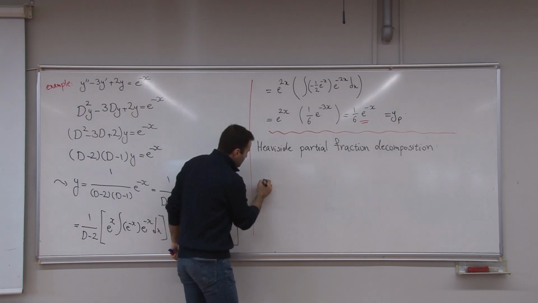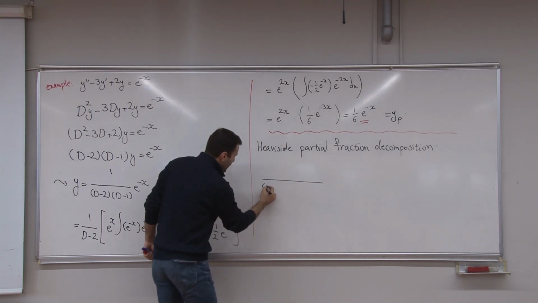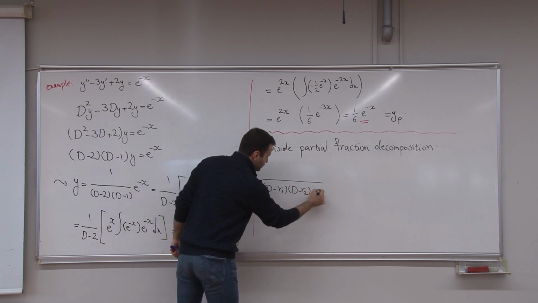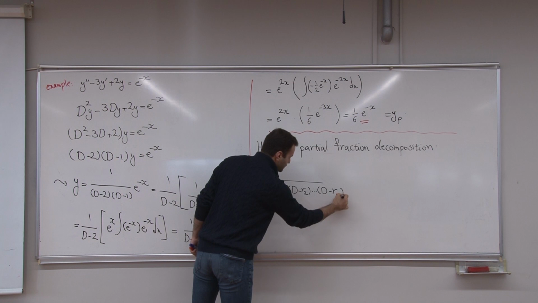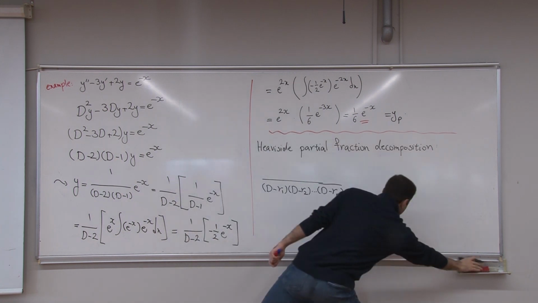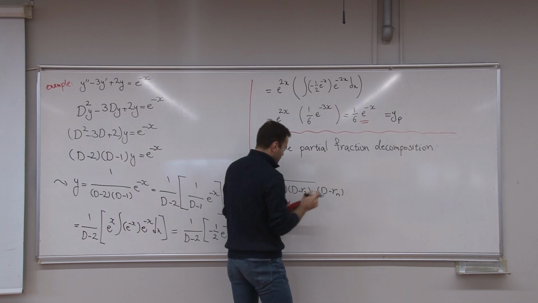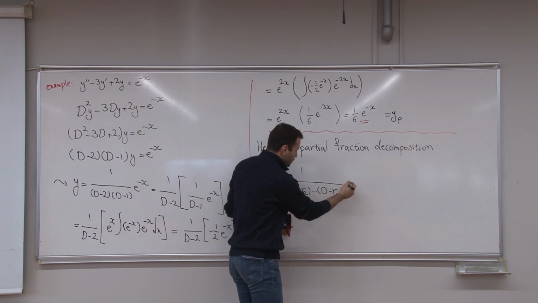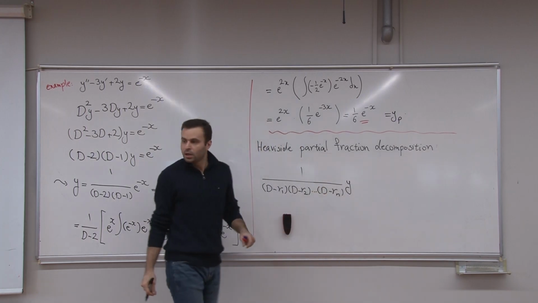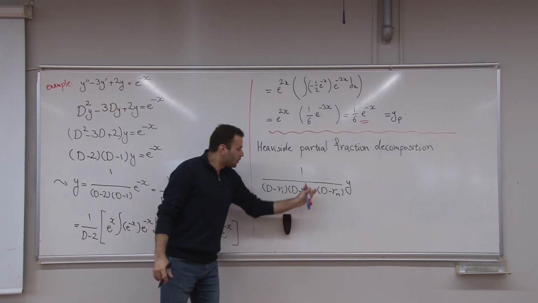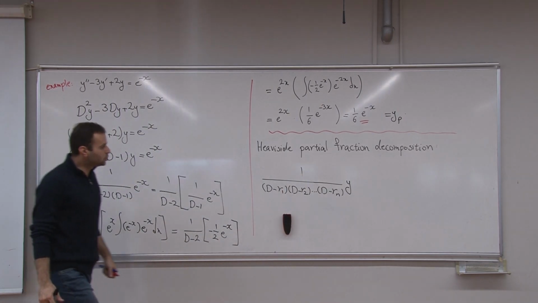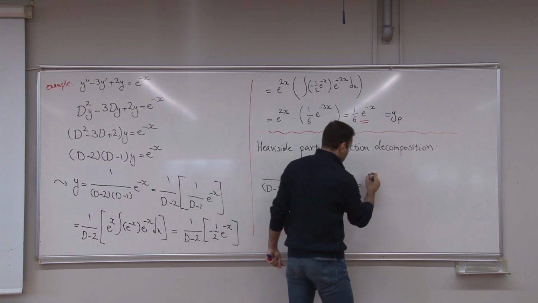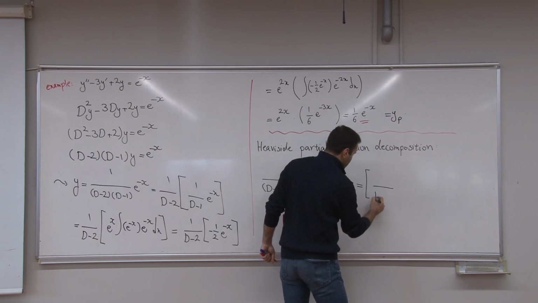When we are having an operator like this, d minus r1, d minus r2, up to d minus rn, which is going to be applied to some function y. If doing it one by one, step by step, we can also do this kind of a decomposition, which is known as the Heaviside partial fraction decomposition. And it is looking like this.